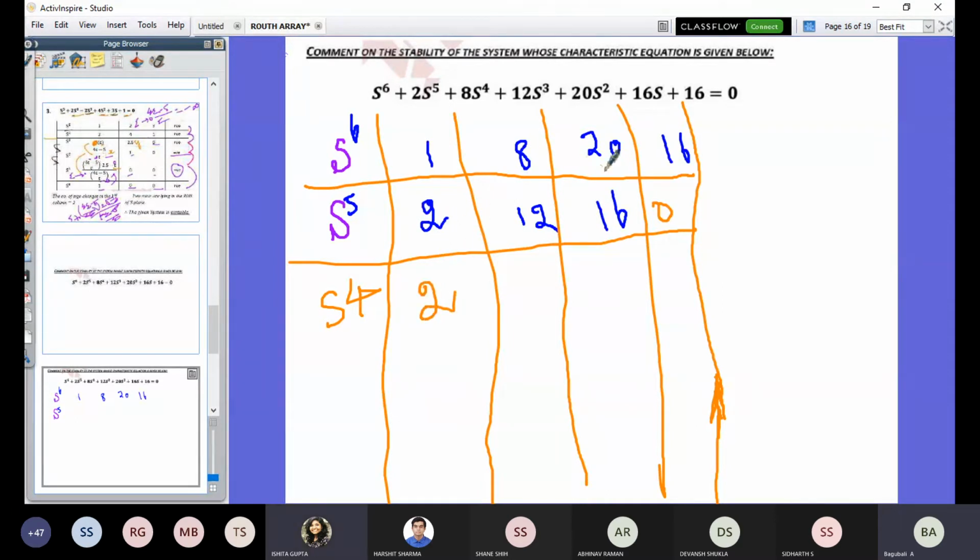Next, 2 into 20 is 40, 40 minus 16 is 24, divided by 2 is 12. Next, 2 into 16 minus 1 into 0, divided by 2, is 16. Any doubt?